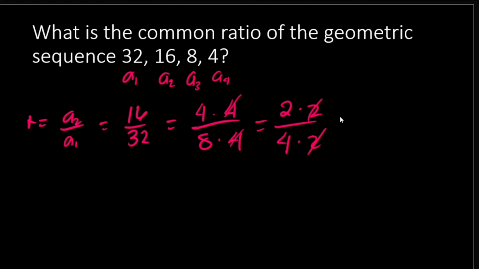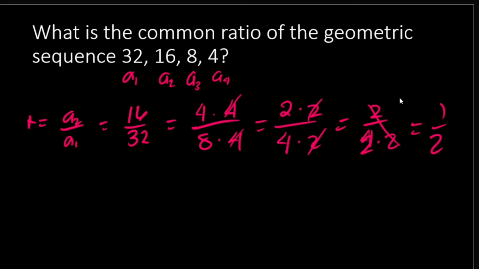We can cancel out 2, and we have 2 over 4. 4 can be expressed as 2 times 2. And the quotient is 1/2.